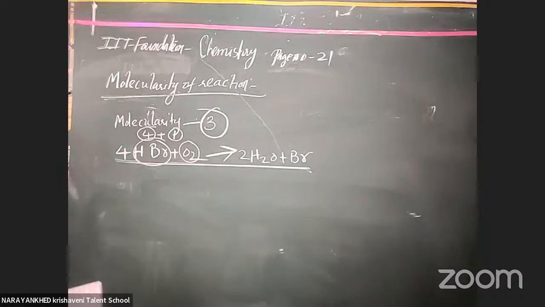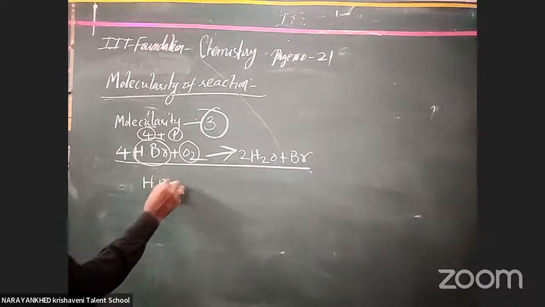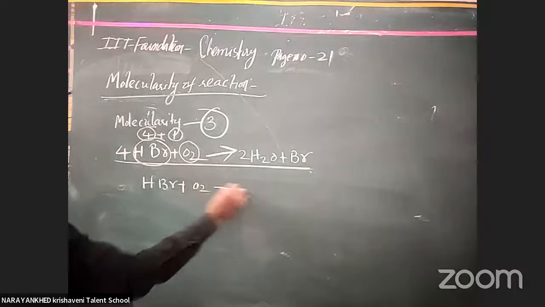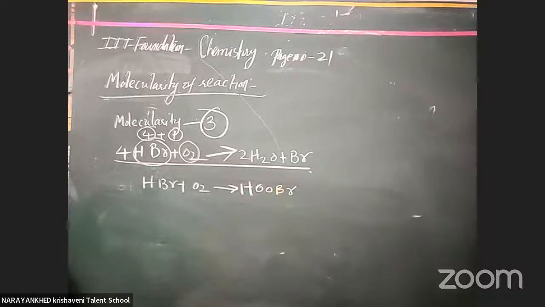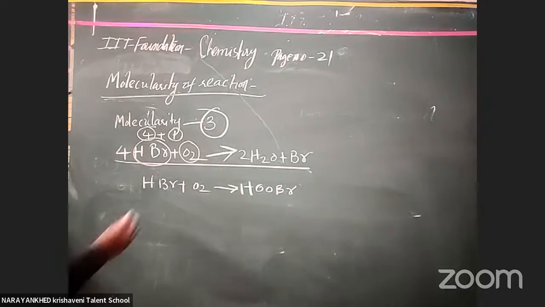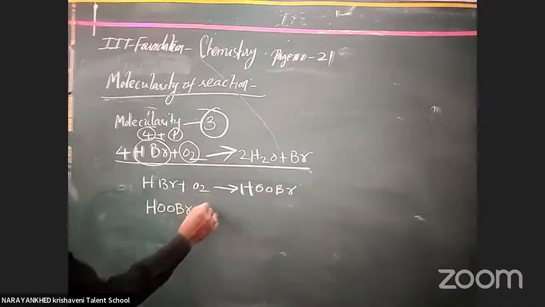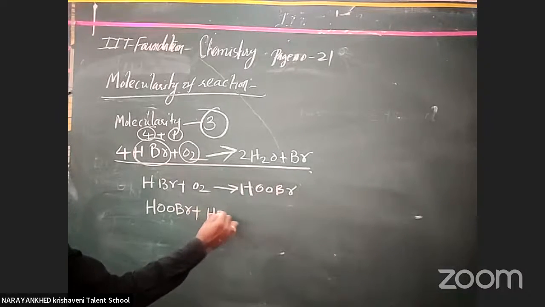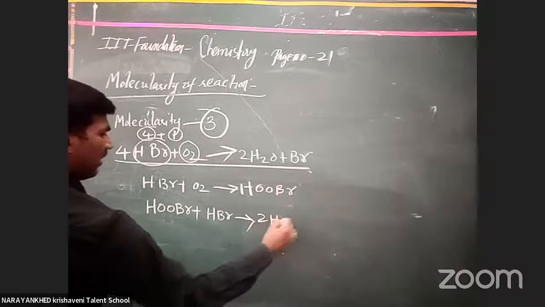How is the equation going on, you know? HBr plus oxygen gives rise to HOOBr first. Next, this HOOBr combines with one more HBr and gives rise to 2HOBr.